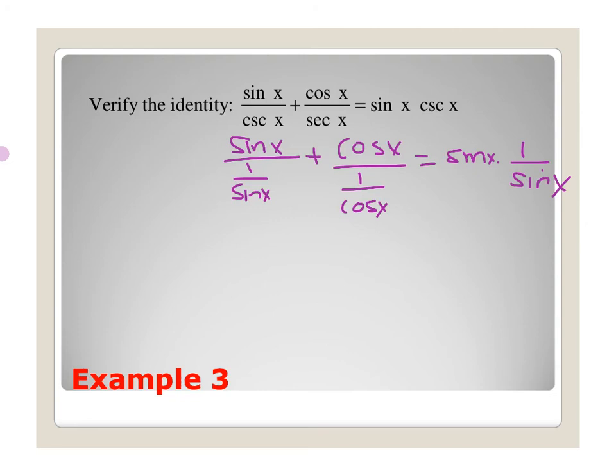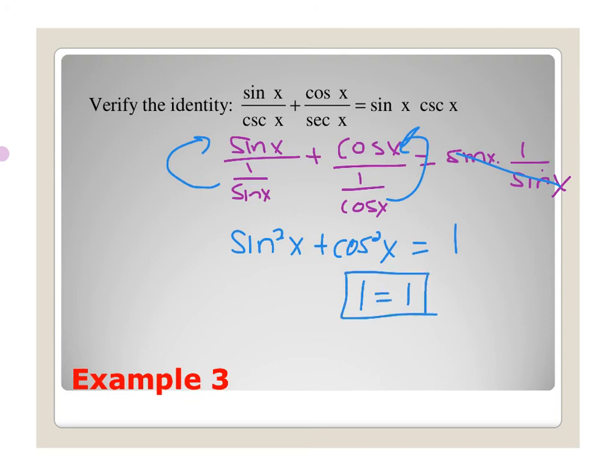Keep change flip on both of them. You have sine squared x plus cosine squared x is equal to sine x over sine x, which is just 1. And then by the trigonometric identities, 1 is equal to 1.